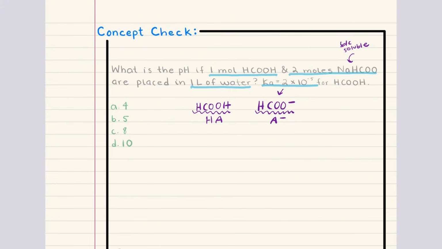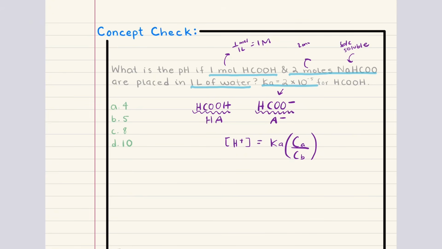Hydronium concentration equals Ka multiplied by the ratio of acid concentration to base concentration. So that equals Ka times C sub A over C sub B. Because the total volume is 1 liter, the molar amounts are also the molarities. So C sub A equals 1 molar and C sub B equals 2 molar.